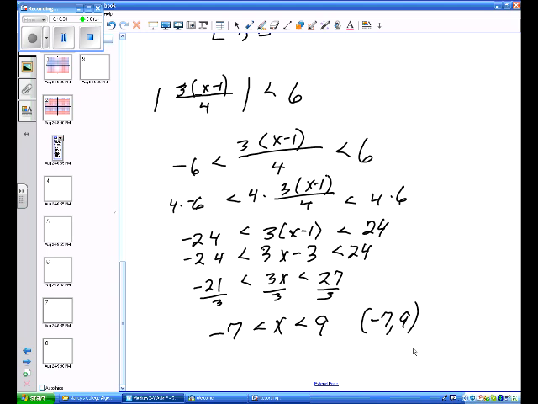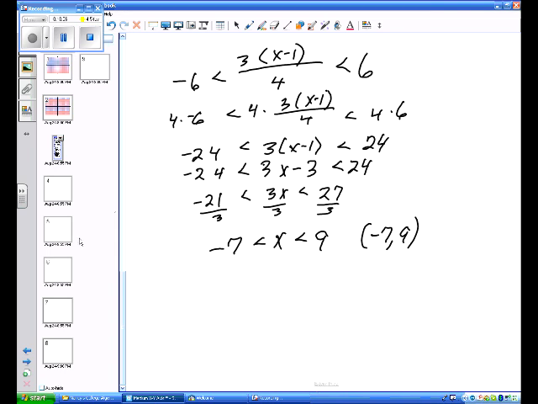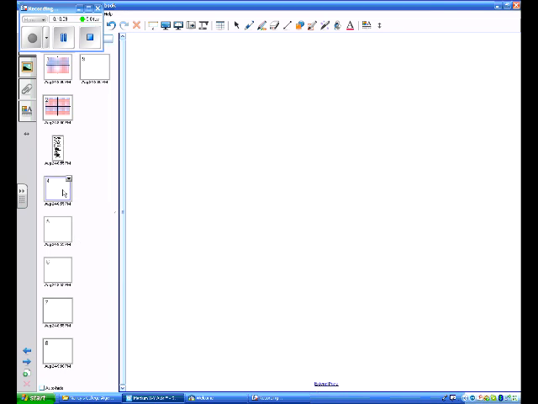We do have problems where, let's look at a greater than. Both of those were less thans. So if we look at a greater than, we have the absolute value of 3x minus 8 is greater than 7.